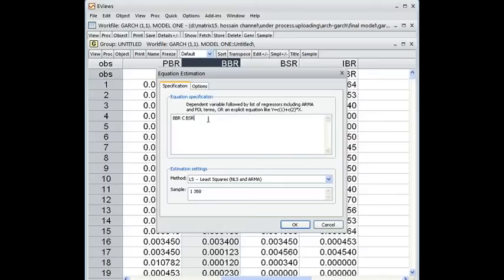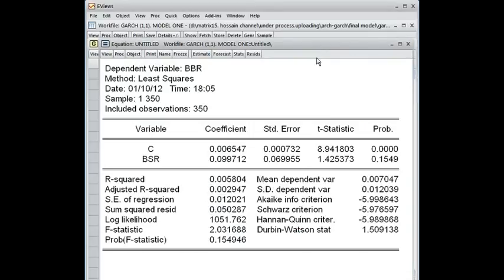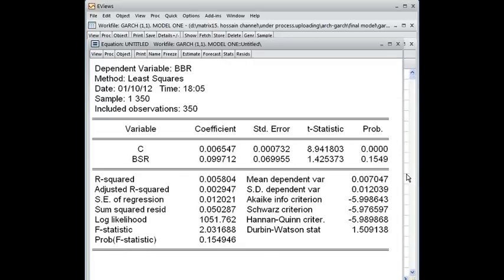This is my regression model, regression equation. BBR is Bangladesh bond return and BSR is the Bangladesh stock return. So I run this regression model, and these are the outcomes. Dependent variable BBR, independent variable BSR.